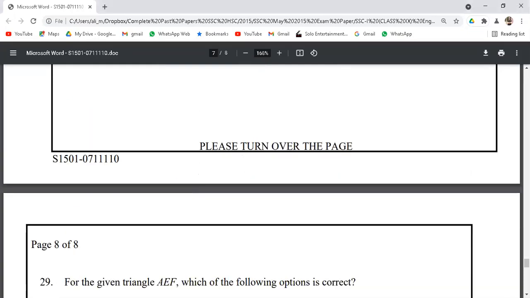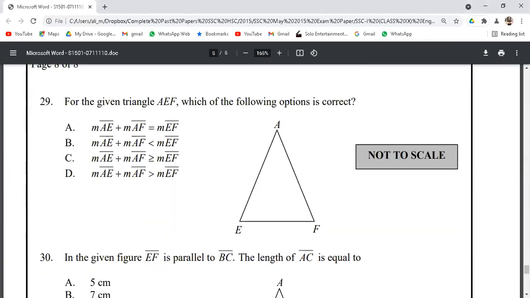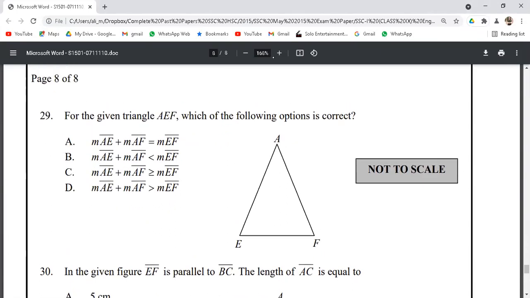Let's see the last two questions of this year. Question number 29. In this triangle, we have a triangle AEF, and we have to identify which option is correct.